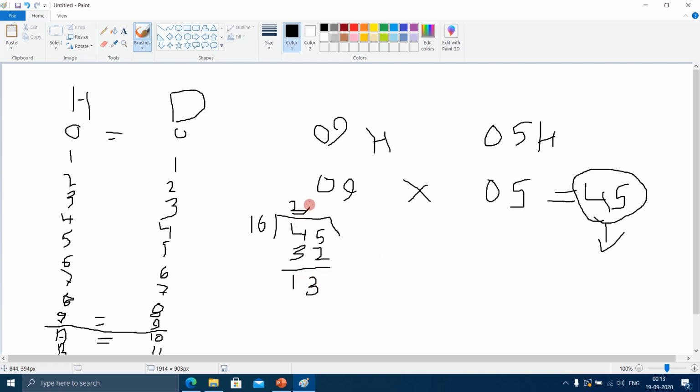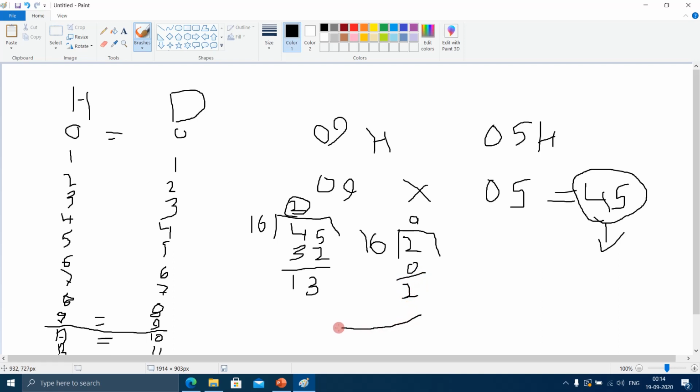Then 2 divided by 16, 16 zeros are 0, and the remainder is 2.